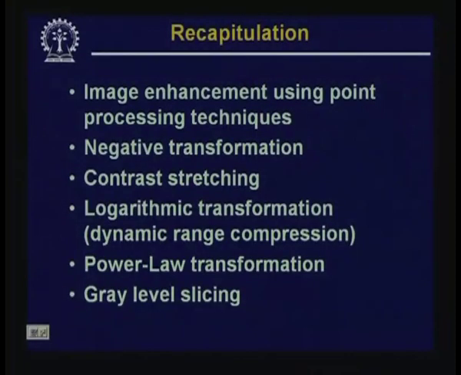The other kind of transformation that we have used for image enhancement is the logarithmic transformation, and there we said that it basically compresses the dynamic range of the input image.